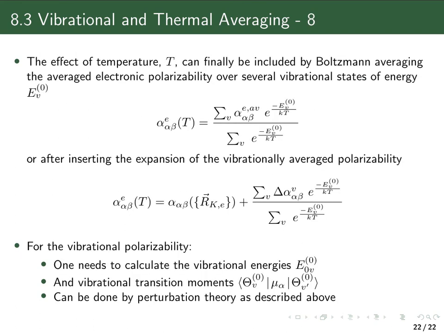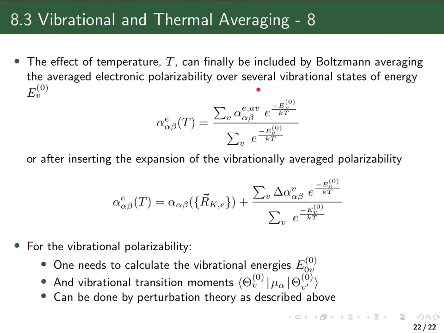Now if you have higher temperatures than 0 Kelvin, then we will have not only the vibrational ground state occupied, but we will also have, to a certain fraction, the higher vibrational states occupied, and it's the Boltzmann distribution which tells us how many and how much they are occupied. So we have to do a Boltzmann averaging on top of this in order to get the temperature dependence in, which means we will have to calculate this vibrationally averaged polarizability with the expression which we just used before for different vibrational states.